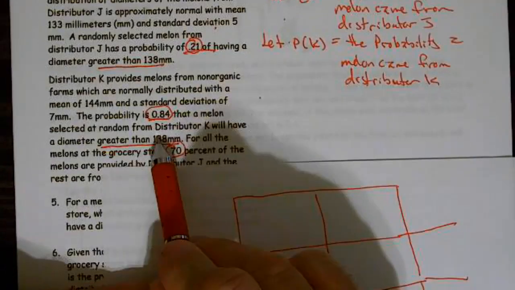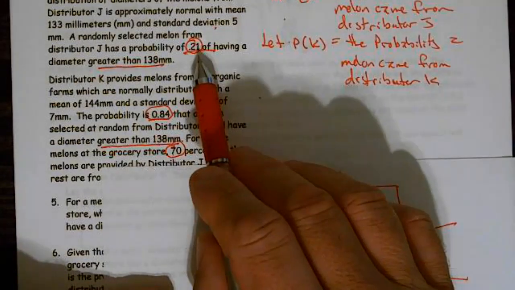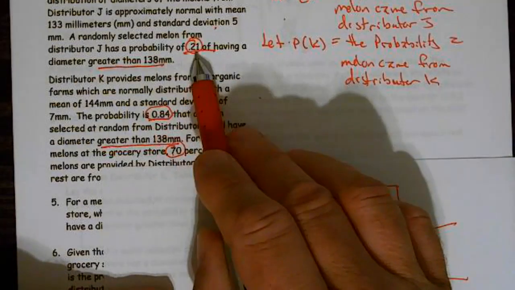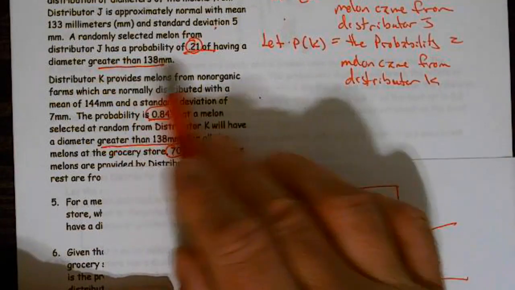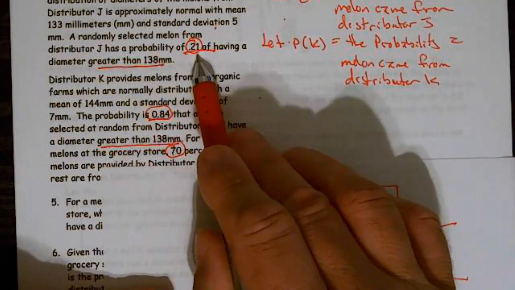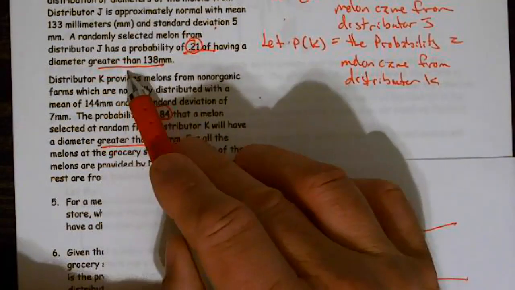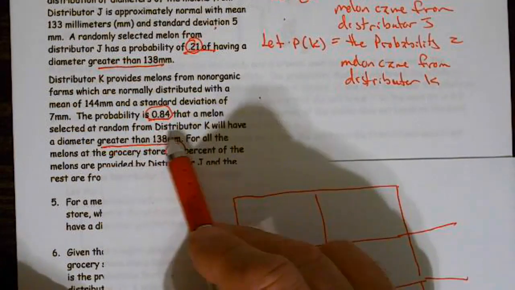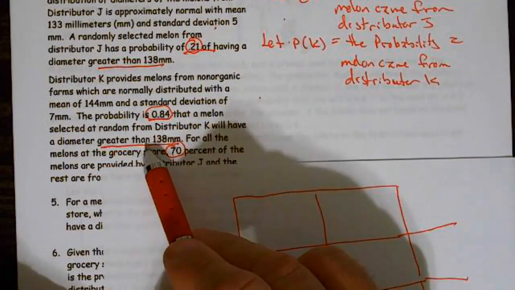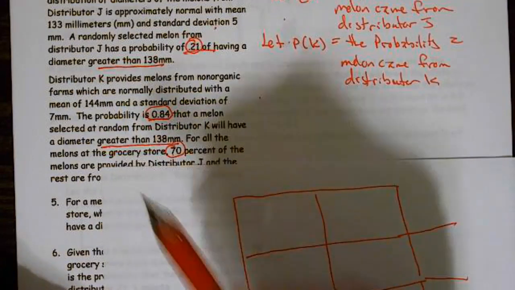So when I read this, coming from J and greater than 138 is 0.21. So that has two variables, the distributor and the melon size. The probability 0.84 that a melon selected from distributor K will have a diameter greater than 138 is again the distributor and the melon size.